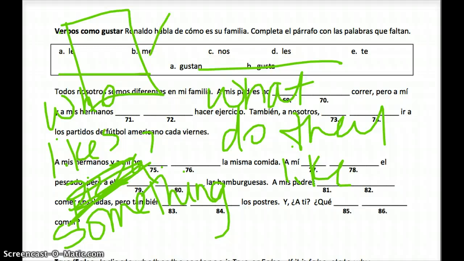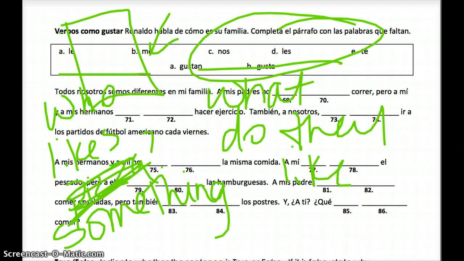They're not. These are indirect object pronouns, the me, te, le, nos, les, but I like to think of them like verbs. So I need to know who it is that's doing the liking so that I can make my choice for the indirect object pronoun. And then the second thing is what it is that they're liking, and it's really the thing that's doing the pleasing to the other person.